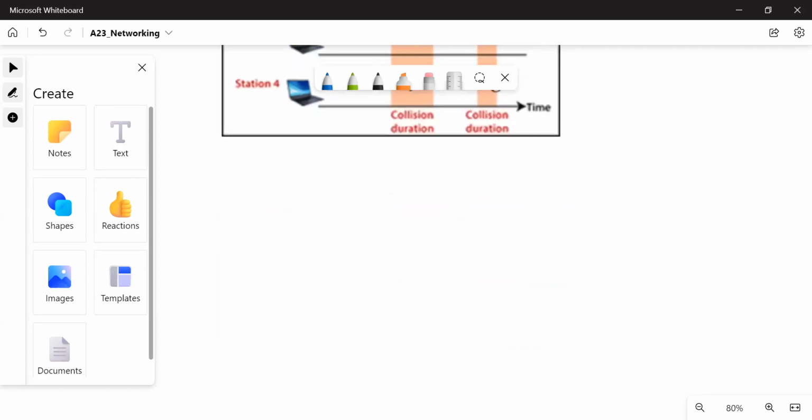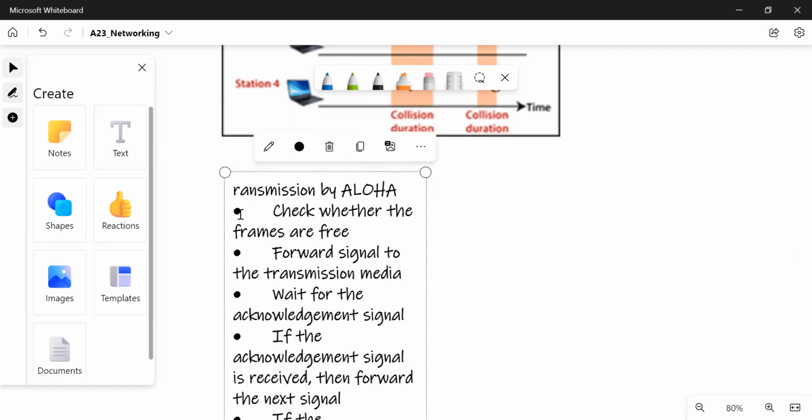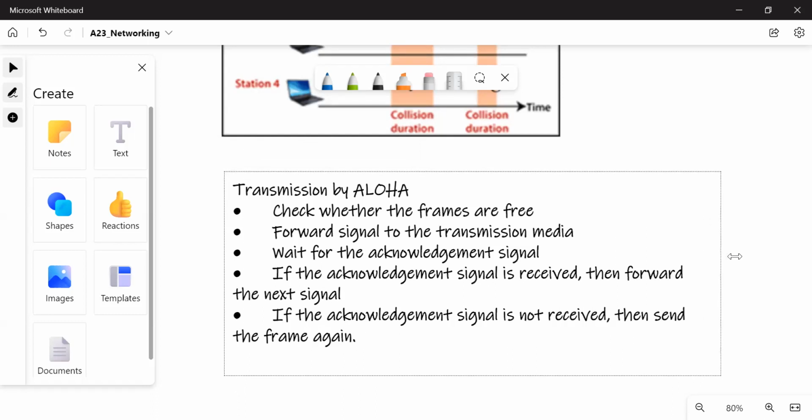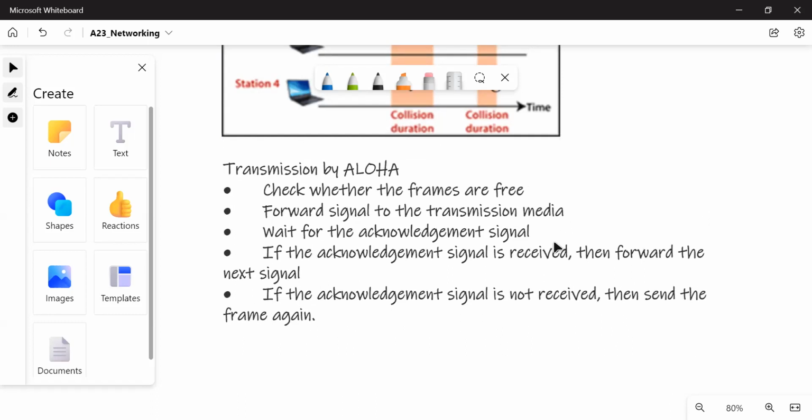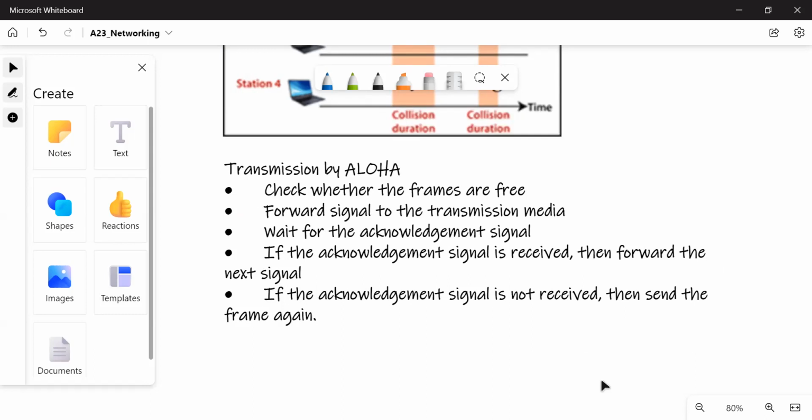So let's write down how the transmission happens. The transmission happens with a few things. Simply, it will start by checking whether the medium is free, and then it will forward signals to the media, but then it will wait for acknowledgement.